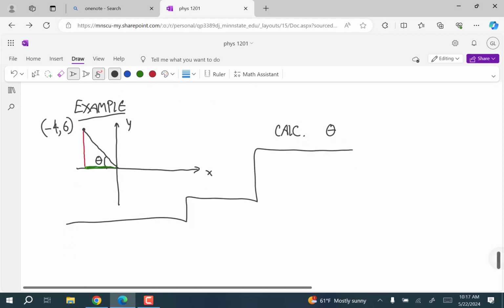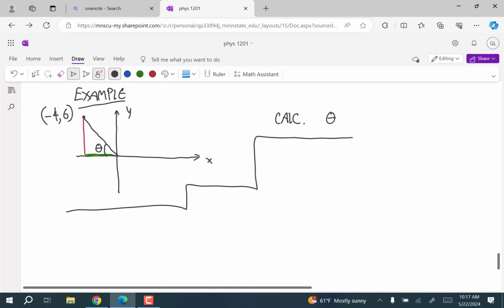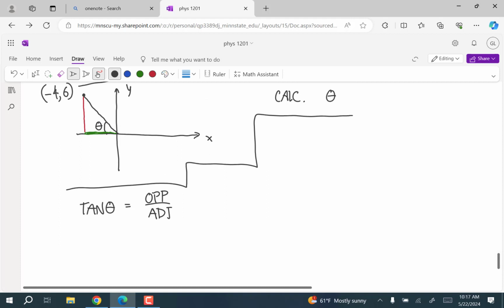Okay, well, pause the video for a second and see if you can figure out what that angle theta is. So the way we want to do this is we're given these lengths. We know that the tangent of theta is equal to the opposite over the adjacent from SOHCAHTOA. And so the tangent of that angle is the opposite length, 6, divided by the adjacent length, 4.